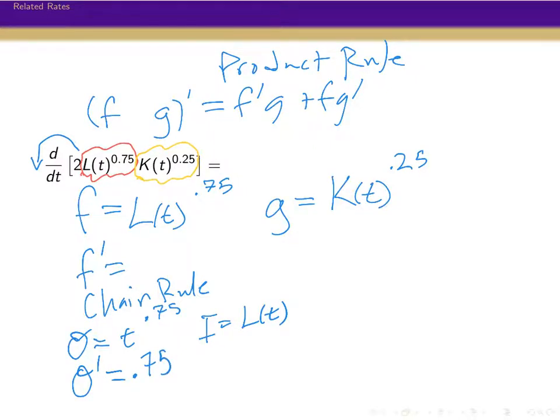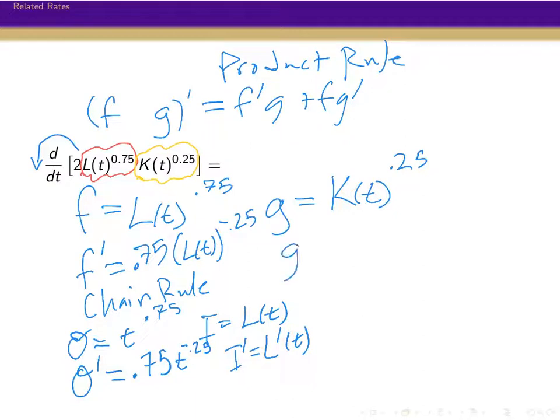And then we're being multiplied by t to the 0.75 minus 1, which is going to be minus 0.25. On the other hand, derivative of L of t is just L prime. Okay, so we're going to plug these in. So chain rule is derivative of the outside with the inside plugged in. So then it's going to be L of t to the minus 0.25.